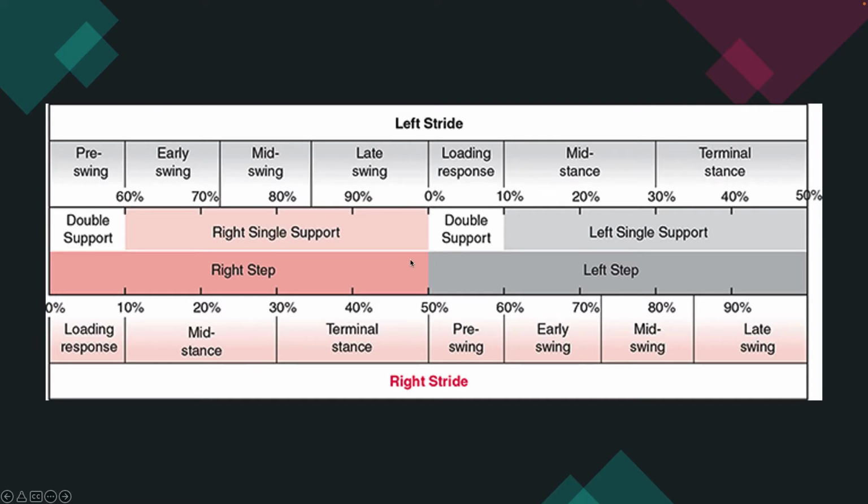And then you also have your Rancho phases. Initial contact is cut off somewhere, but loading response through terminal swing here. And so you can think about your functional phases and how they fit into that. So weight acceptance fitting into initial contact and loading response. Single limb support fitting into mid-stance, terminal stance, and then swing limb advancement starting out at pre-swing and then taking you through terminal swing.